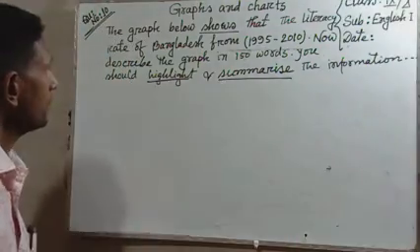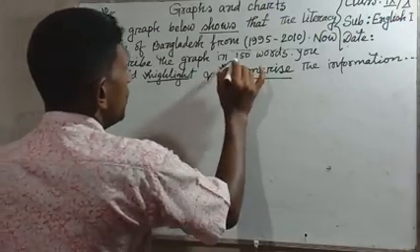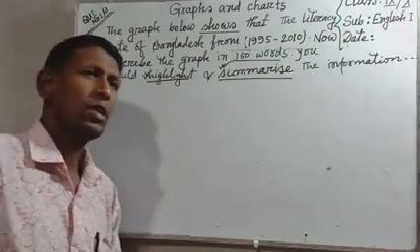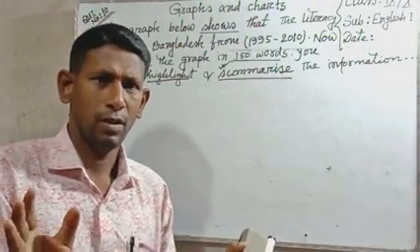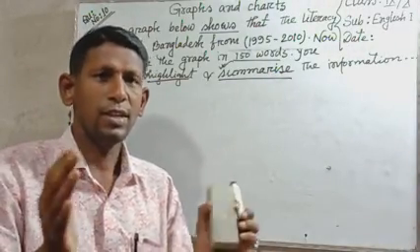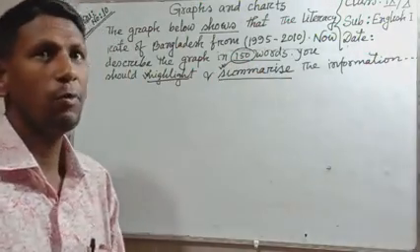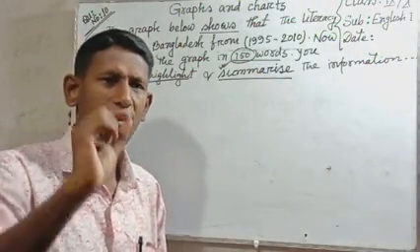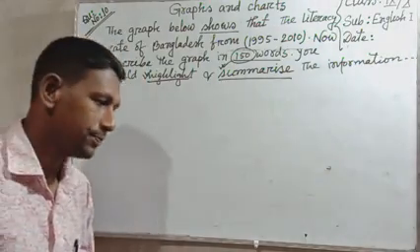So this is the main thing: highlight and summarize within 150 words, not more than 150 words or less, no problem. It is the minimum, not a binding for you. So dear students, no hesitation.